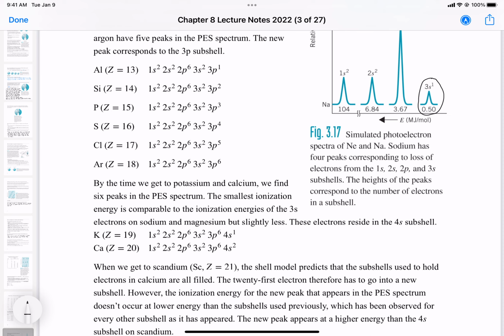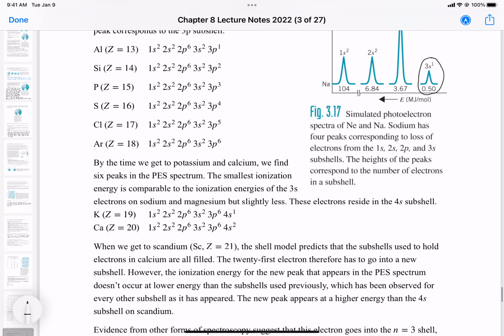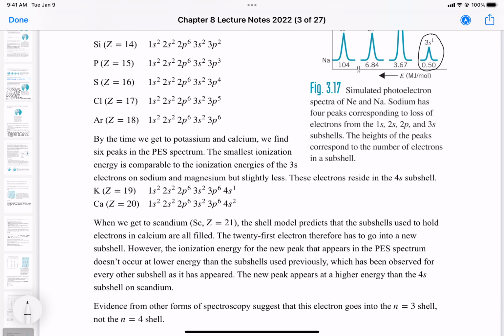Since we don't see a gradual increase in energy after the 3p, the next logical thing to think is that it resides in the 4s subshell. For potassium and calcium, they now have access to the 4th shell.